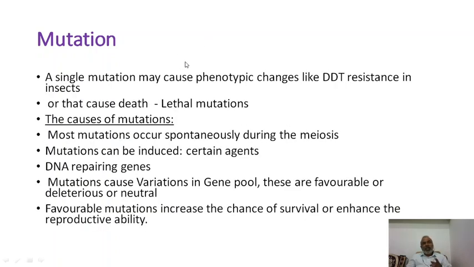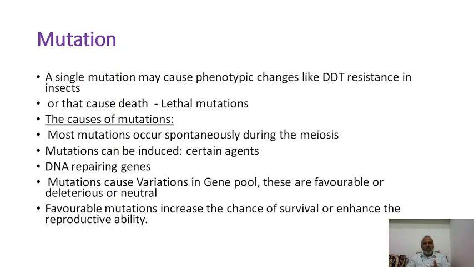Okay. A single mutation may cause phenotypic changes. For example, DDT resistance in insects is a very simple single mutation. When a single mutation occurred, the insects are now resisting DDT. That is why they are surviving.